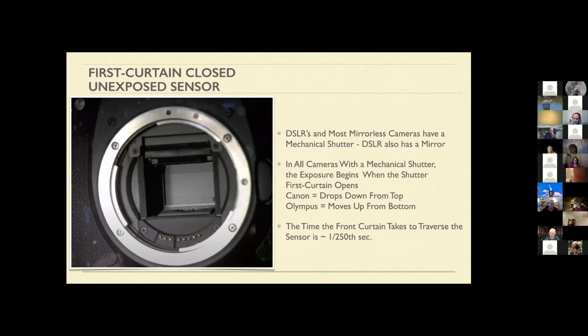And the exposure happens, as you saw a moment ago, when the first curtain of the shutter moves from the top down. So in Canons, they move from the top down. In Olympus, it moves from the bottom up. One of the most important things to understand is that the time the front curtain takes to traverse the sensor is 1/250th of a second.